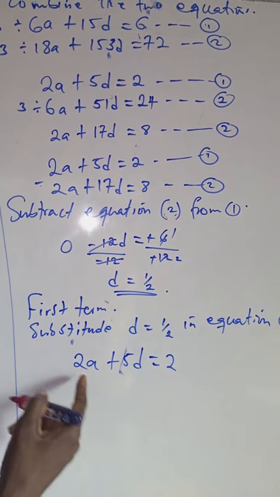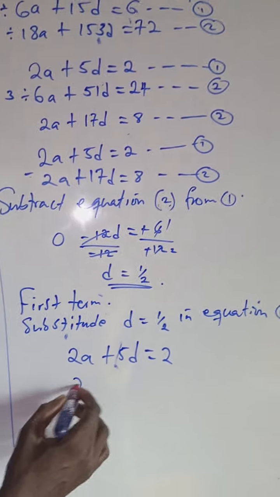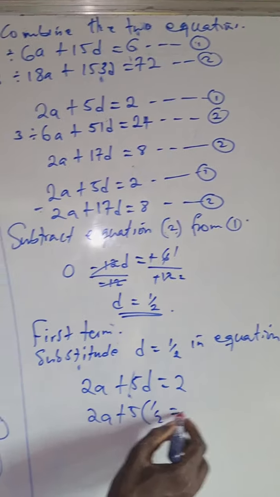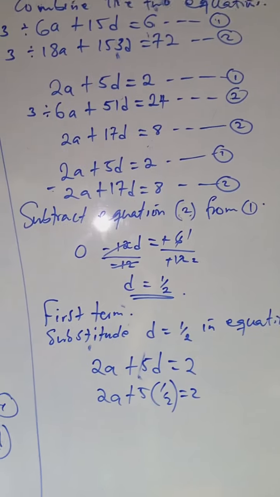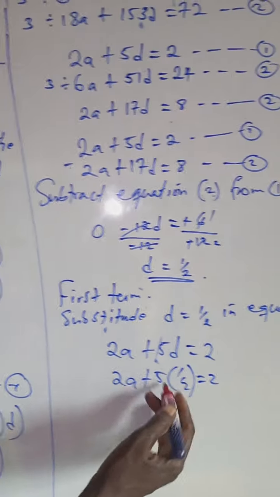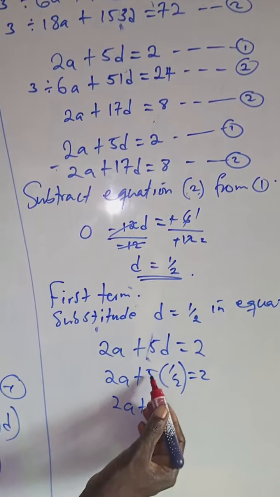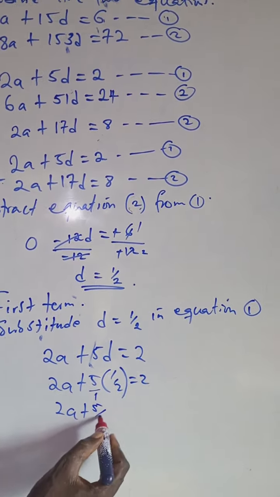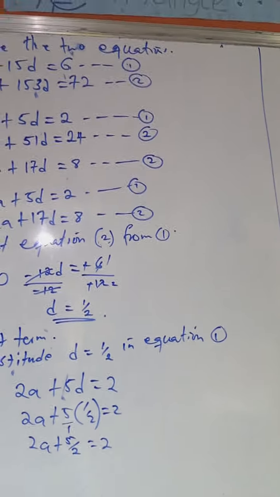I'm looking for a. So 2a plus 5 times half is equal to 2. If I multiply, 2a plus 5 over 2 is equal to 2.